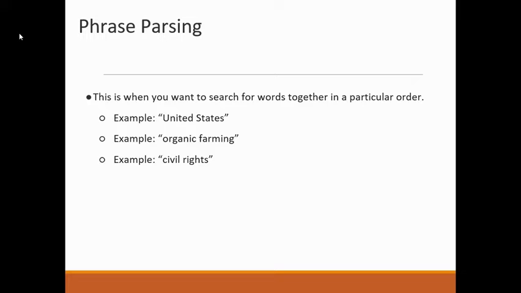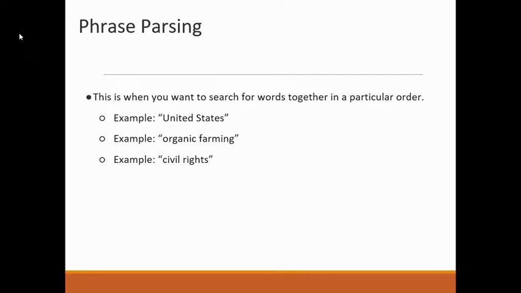The next thing that we're going to talk about here is some additional search tips. Most of these search tips can also be used when searching the general internet. So, the first one we're going to talk about is something called phrase parsing. Phrase parsing is when you have more than one word in your search term and you want those words to be in a particular order or next to each other. And so, we have three examples here.